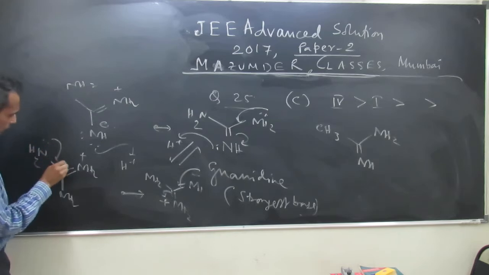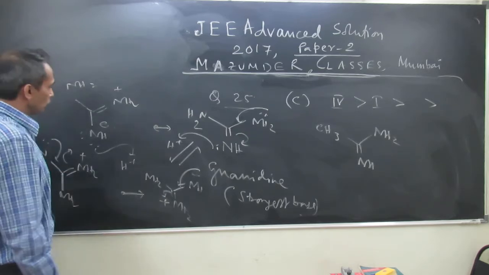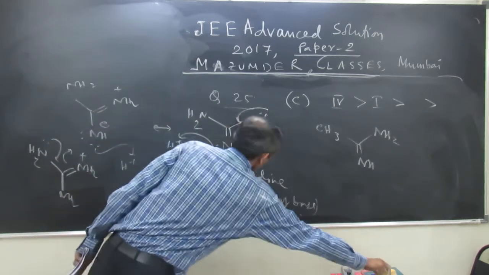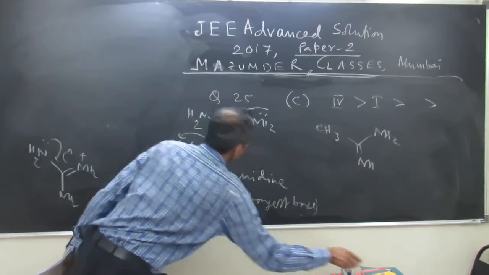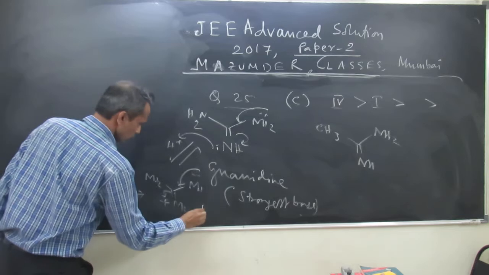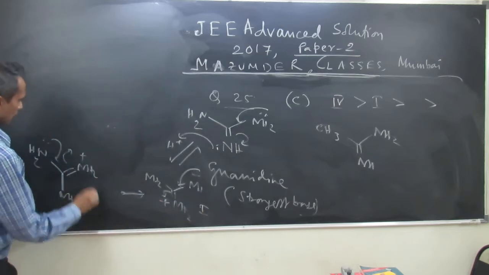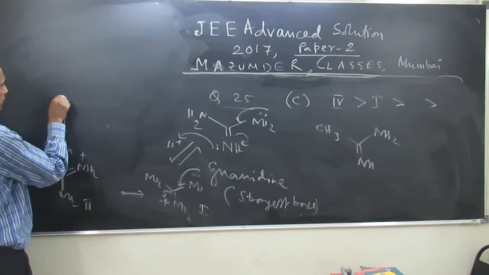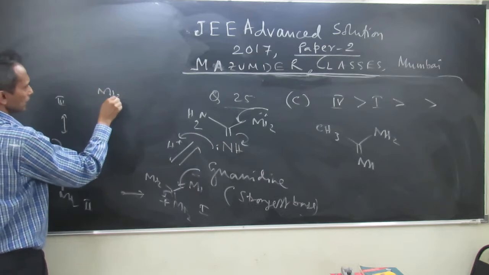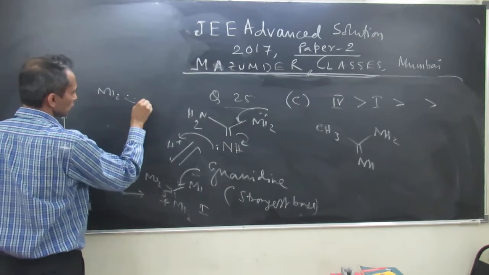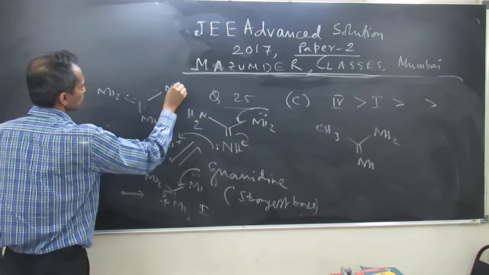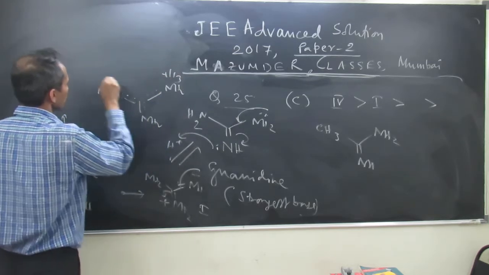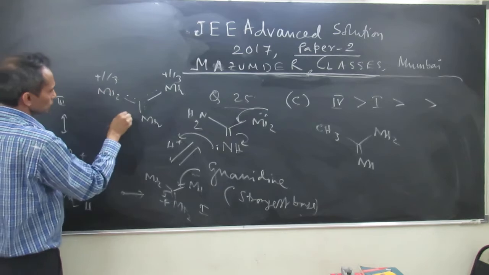Similarly, this can come over here, so we get an equivalent resonating structure. That means we get equivalent resonating structures out of 1, 2, and another one 3. The equivalent resonating structure becomes NH2, C, NH2, NH2, with plus 1 by 3, plus 1 by 3, plus 1 by 3.